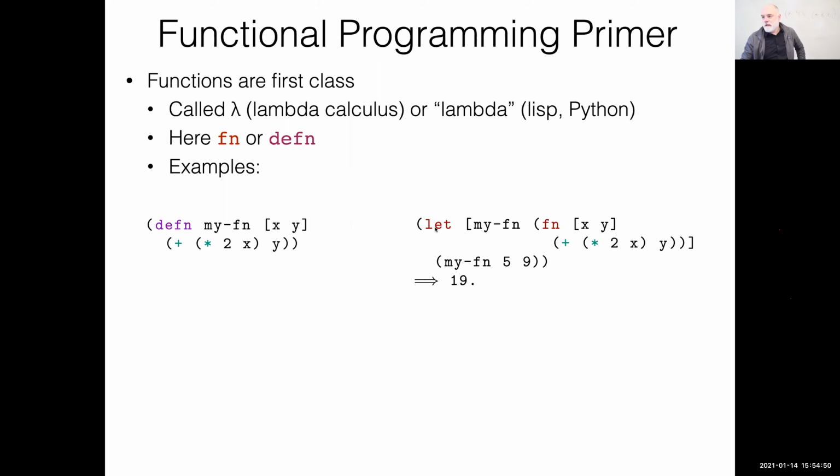Over here we have a let block, where my function is a lambda. It's a function. Functions are first class. So this fn returns a function of 2 parameters that produces the same value as over here, and myfn is bound to the function. When you apply myfn to the values 5 and 9, this returns 19.